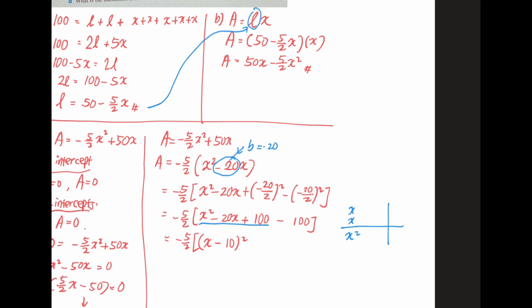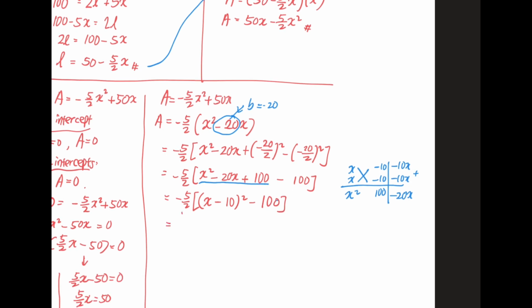That is negative 10 times negative 10, which gives positive 100. Cross multiply, negative 10x and negative 10x, add them up, negative 20x. So we get the factors x minus 10 and x minus 10, so the first three terms factorize to x minus 10 squared. After that, minus 100, I just write back.